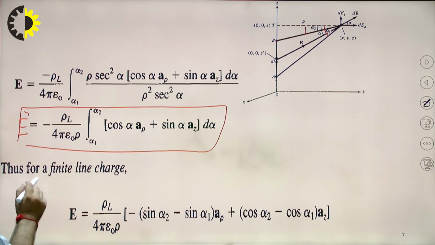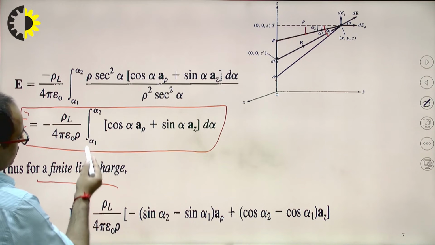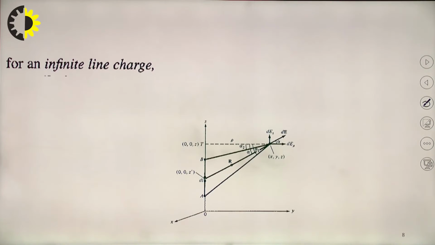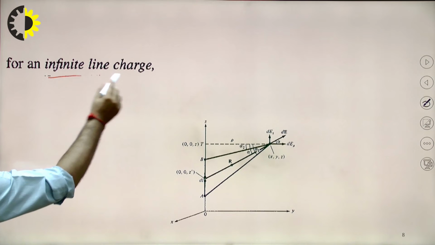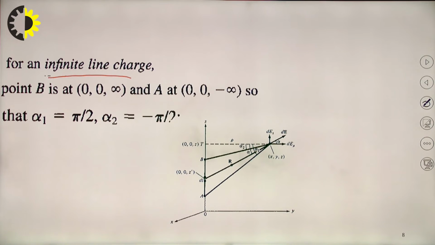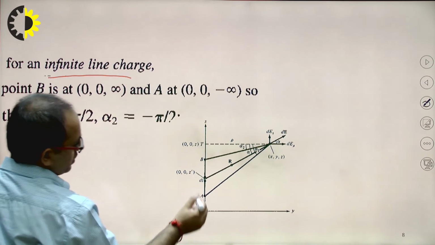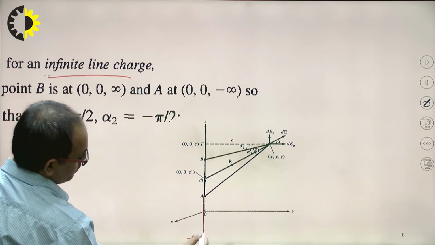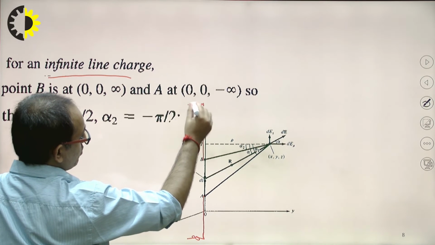Now for finite line charges, just put this value and integrate, you will get this one. For infinite line charges, you will see that this goes to minus infinity and this goes to plus infinity.